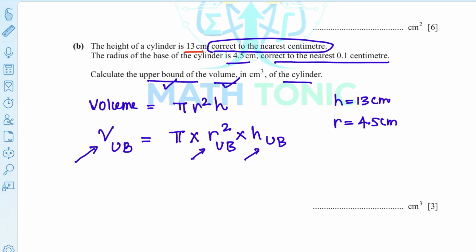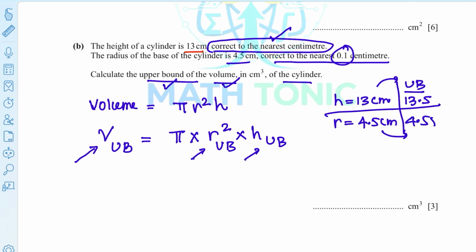For nearest centimeter, make it half, so add 0.5, so the upper bound will be 13.5. Nearest 0.1, make it half, 0.05, add 0.05, it will be 4.55 centimeter.